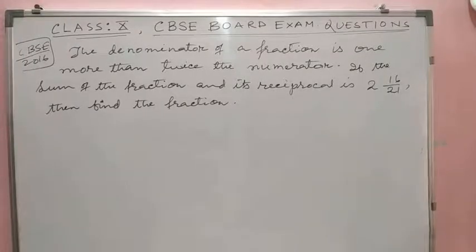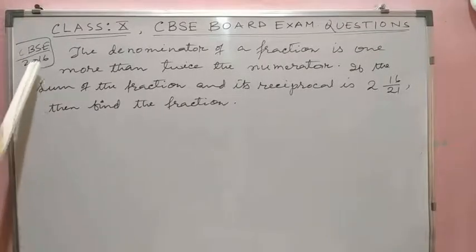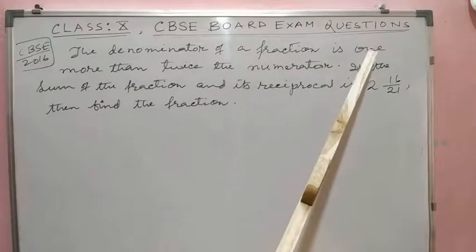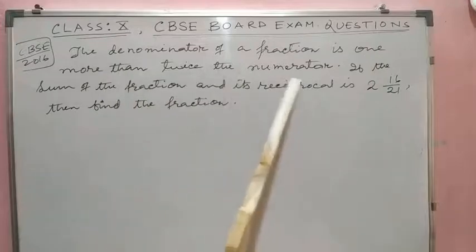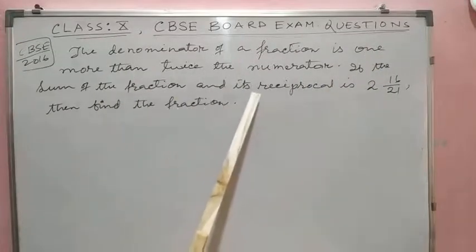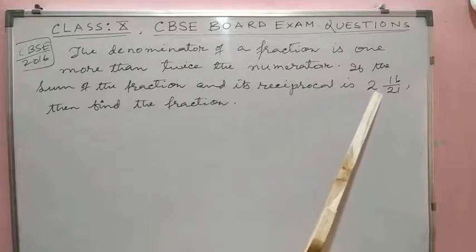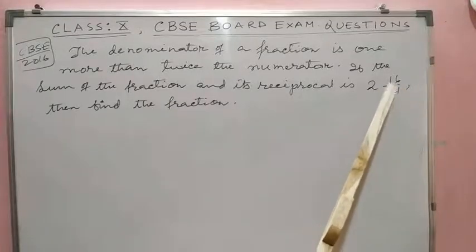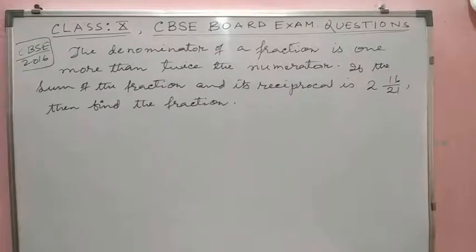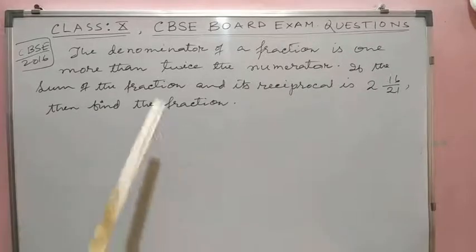Okay, you see next question, it is given in CBSE 2016. The denominator of a fraction is 1 more than twice the numerator. If the sum of the fraction and its reciprocal is 2 whole number 16 by 21, then find the fraction. So you see how to do this question. First of all, we will consider numerator.